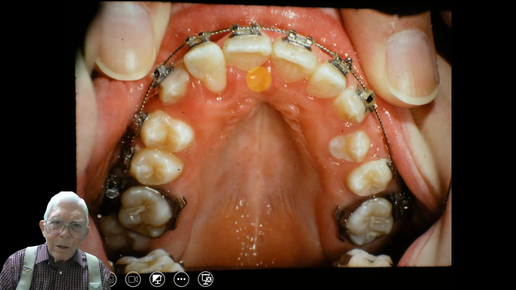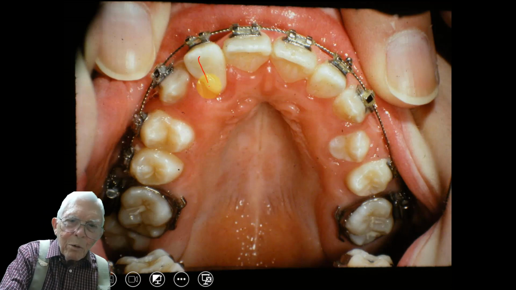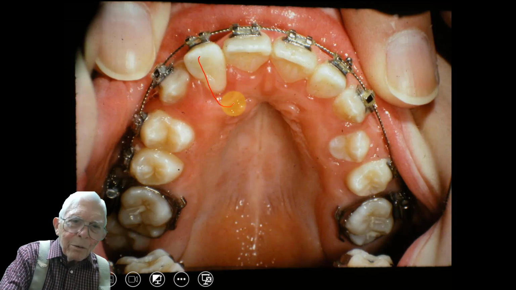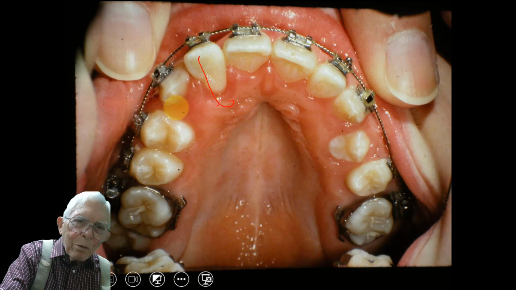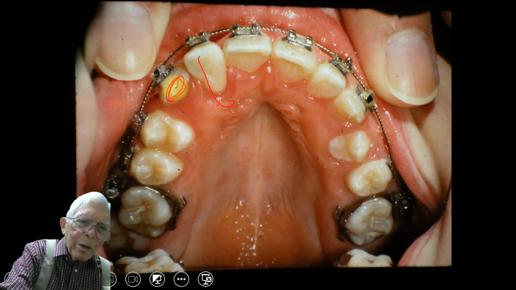Now there, the lateral, see, we let it go way back in, and then we're coming over with the cuspid. See, the cuspid's right in here, and we're going to cross over this lateral and let it, in fact, you could just undo it and let the crown slide over back.